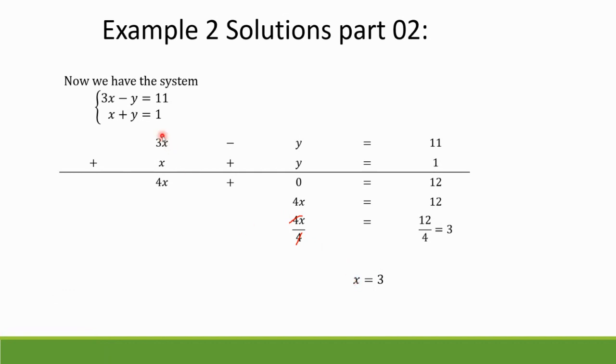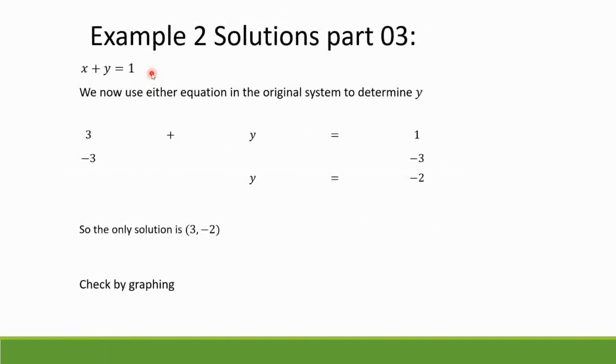How do we get a y? We have to put x into one of the two original equations and solve for y. So I chose this one, I thought it'd be easier. So we have x is 3 plus y equals 1. So we subtract 3 from both sides, right? We have y equals negative 2.